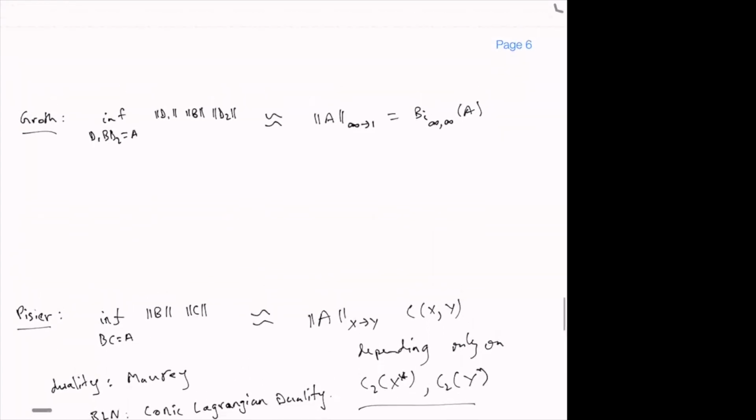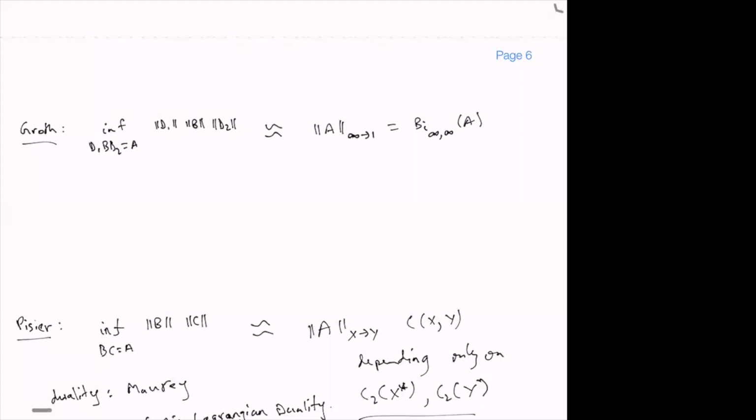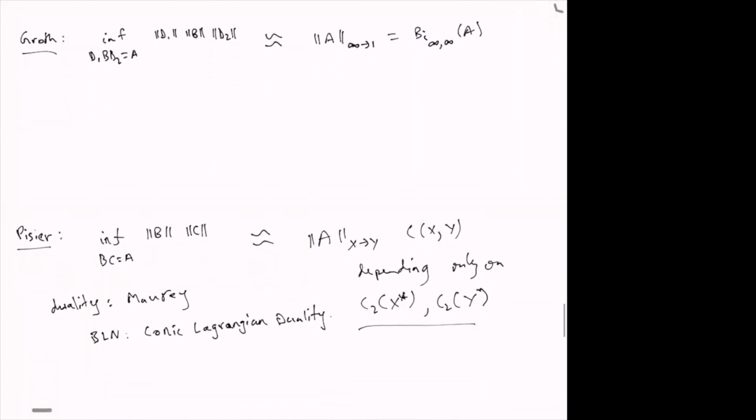Okay. So this is what PCA showed, and as I mentioned, there is this duality statement originally proved by Moray, but it turns out one can just use modern optimization, conic Lagrangian duality, to give a different argument for this. I don't want to say it's significantly simpler. Both arguments take a page, but I found the second argument perhaps more intuitive.